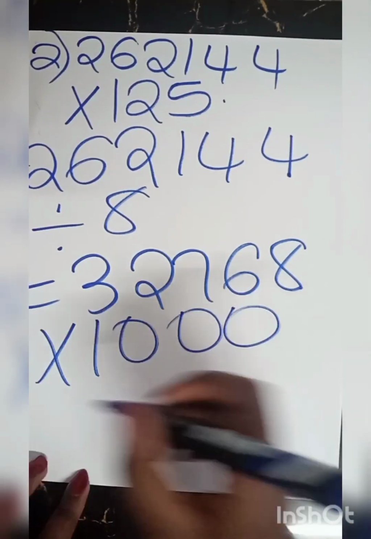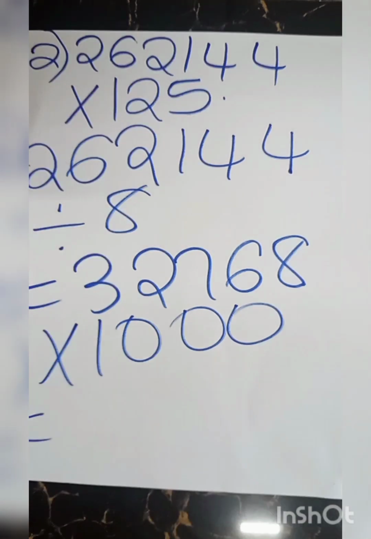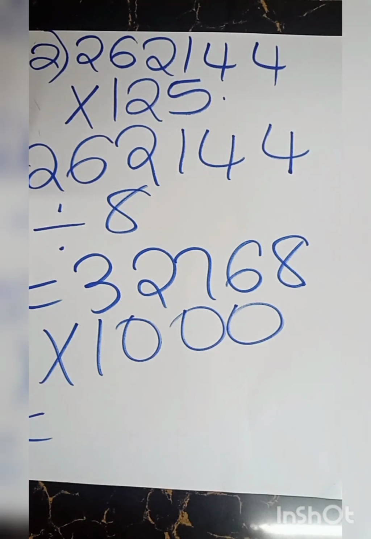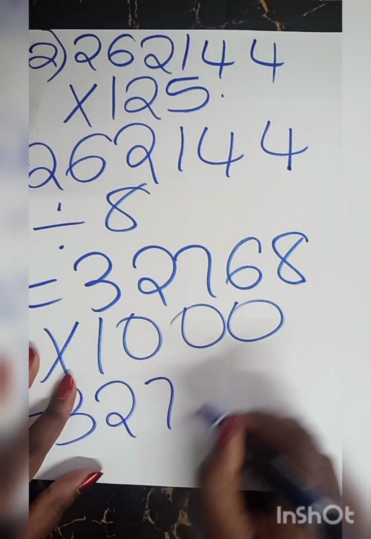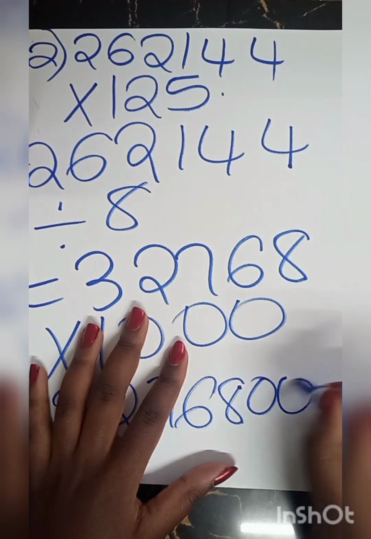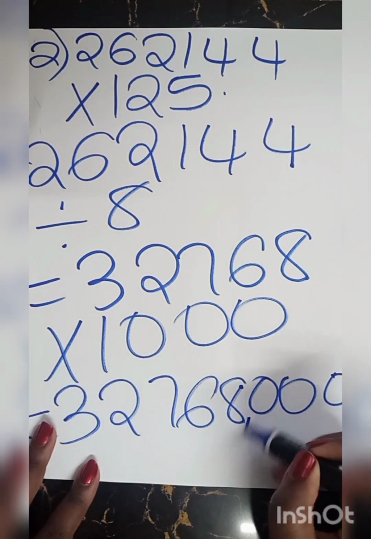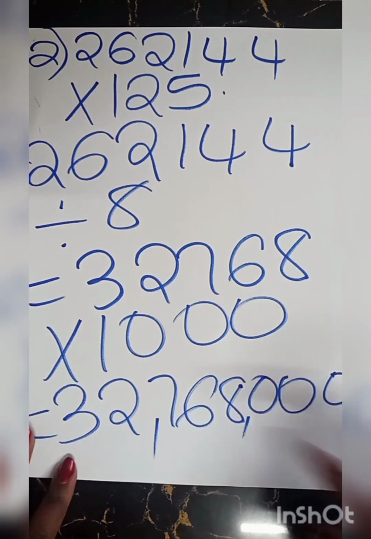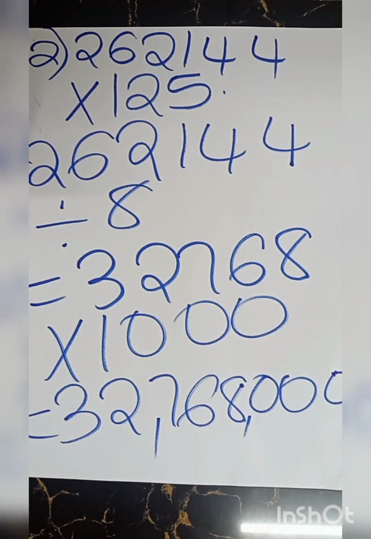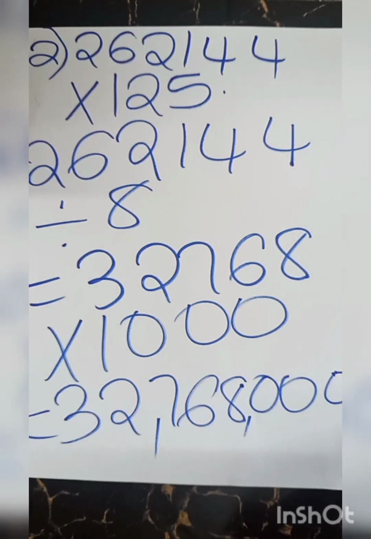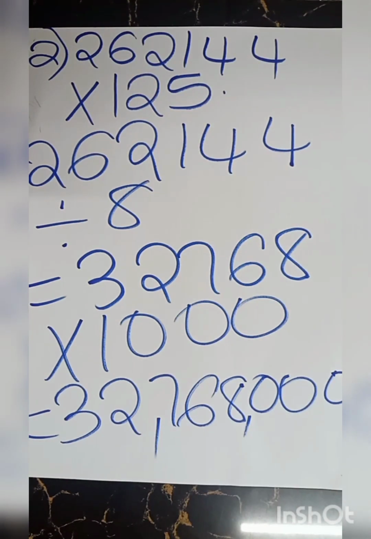We are doing this because we've established that 125 can be written as 1,000 divided by 8. So when you multiply this by 1,000, you get this. Okay. So the answer to this question is this number here. Are we together? Do you now see how long we took to do that? So learning these tricks will really save you a lot of time. Okay? Yes, and that was quite easy, right?